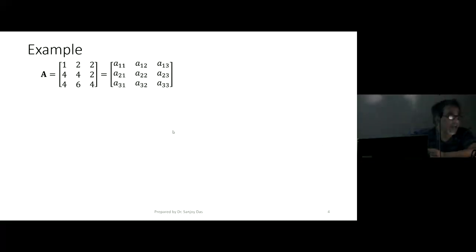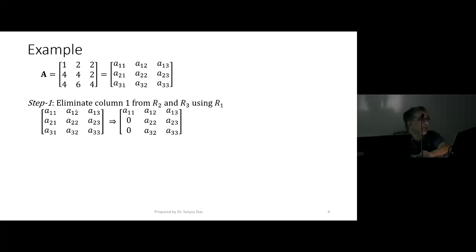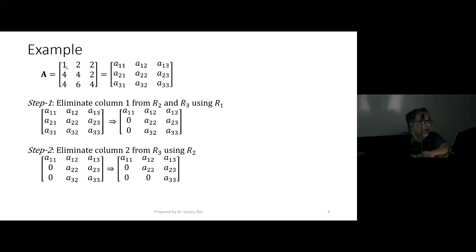We'll begin with a simple 3 by 3 matrix example, and we'll focus on how to convert this using row operations into an upper triangular matrix. So, step 1, we eliminate column 1 from row 2 and row 3 using R1.